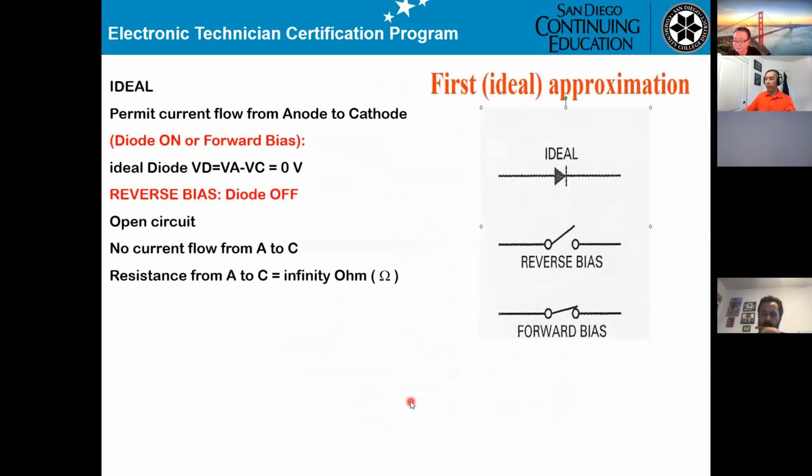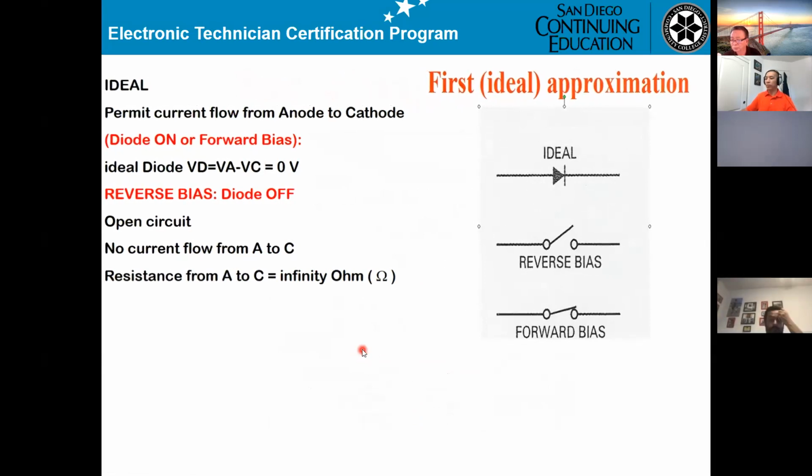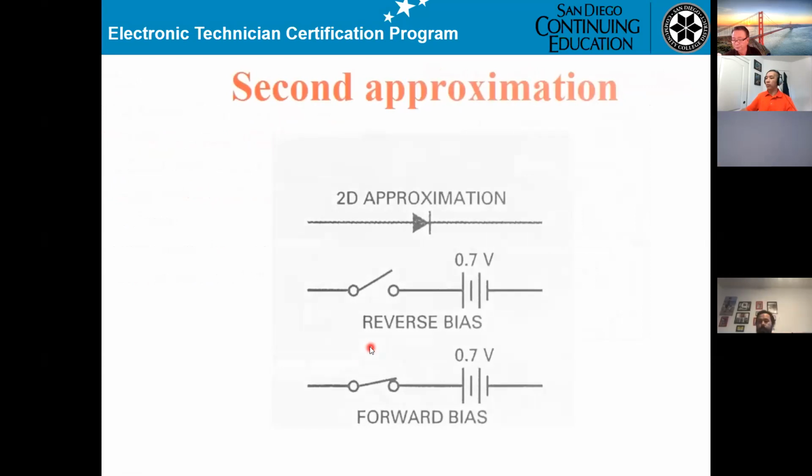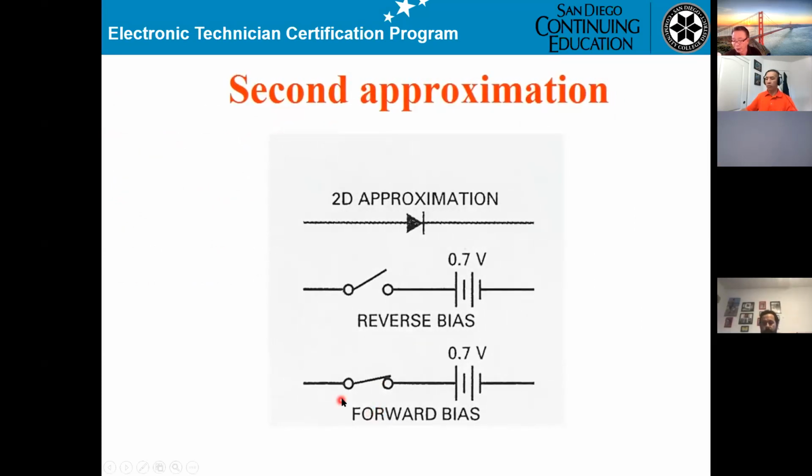However, when the diode is on, it's like a connection from anode to cathode, so it allows the current to flow from anode to cathode.